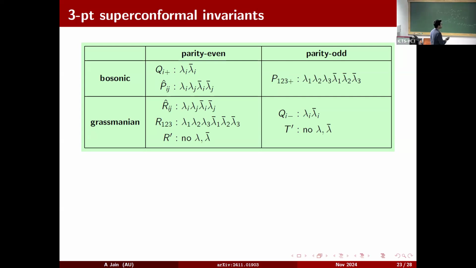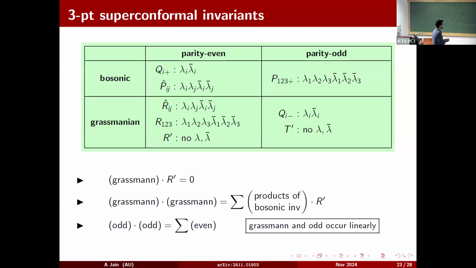So these are the Grassmannian invariants which are new for the superconformal case, and this is an exhaustive and independent list. And now we can just take multiples of them with the restriction that the Grassmann odd ones, actually the Grassmann invariants and the parity odd invariants, can only occur linearly. Okay, while these ones can occur at any power.